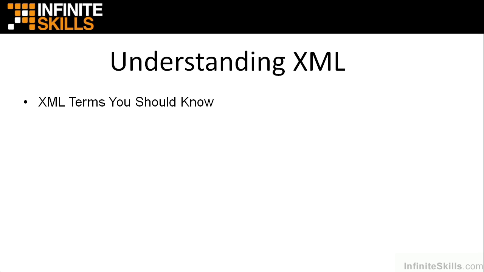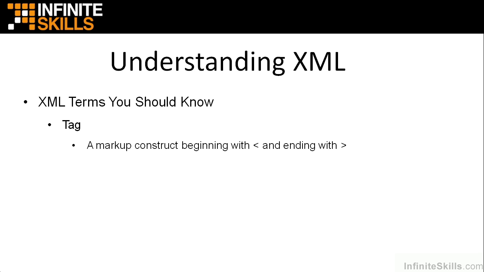Now, there are a few XML terms you need to be familiar with because you're going to run into these all the time. So let's just make sure that we all know exactly what we're talking about here and understand the same thing. First of all, an XML tag is a markup construct that begins and ends with what we would call the less than and greater than symbols right here. This is also known as a start tag, and this would be an example of a start tag.